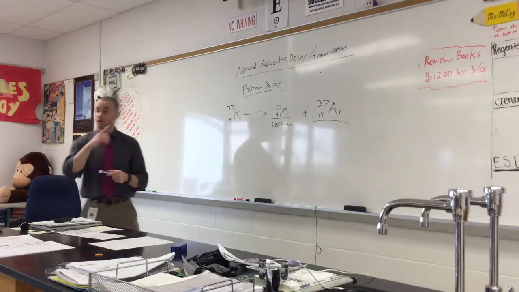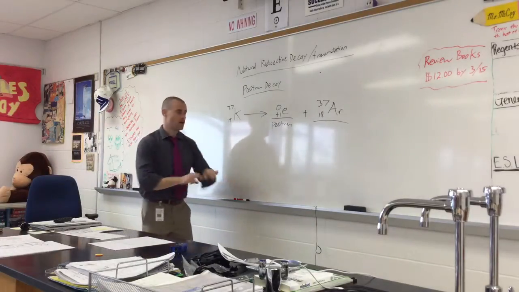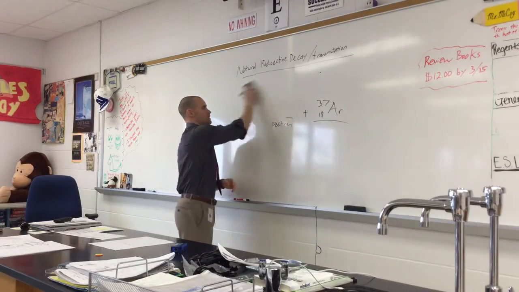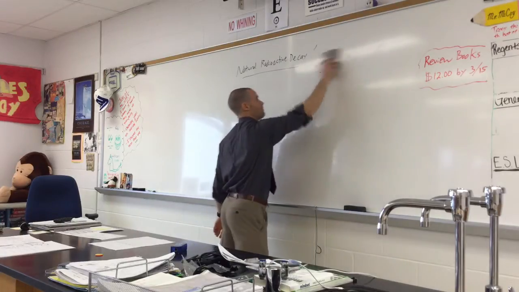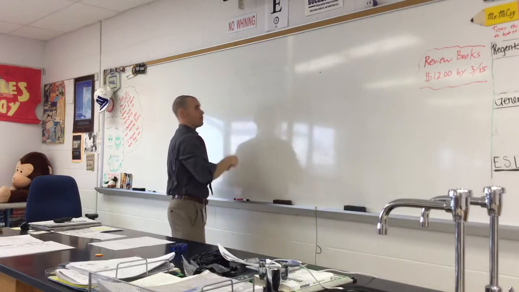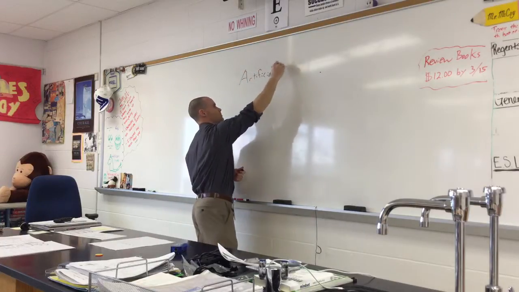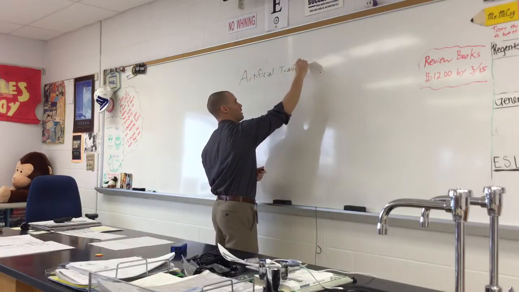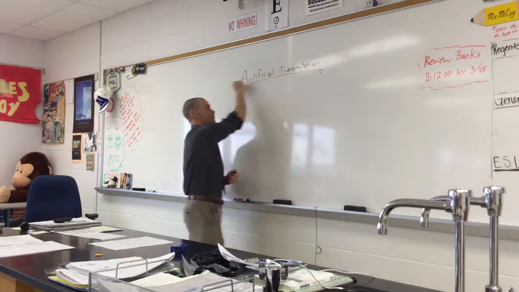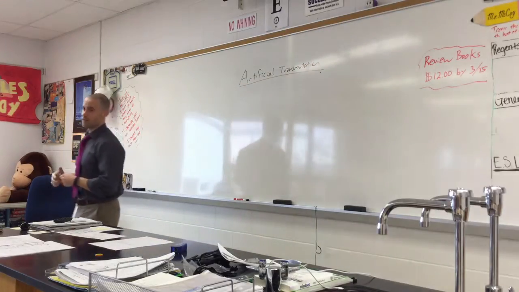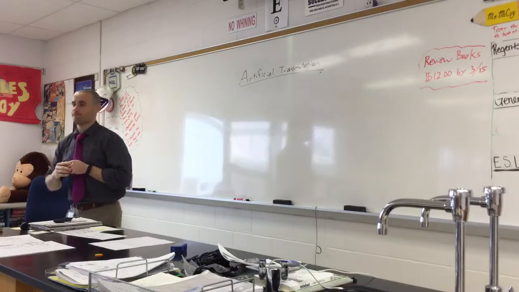The next one, we're going to get one example before the bell, is called artificial transmutation. That's when scientists mess with stuff. So artificial radioactivity, this is called artificial transmutation. And this is more about your homework right here. You guys ever hear of a particle accelerator? Anybody?